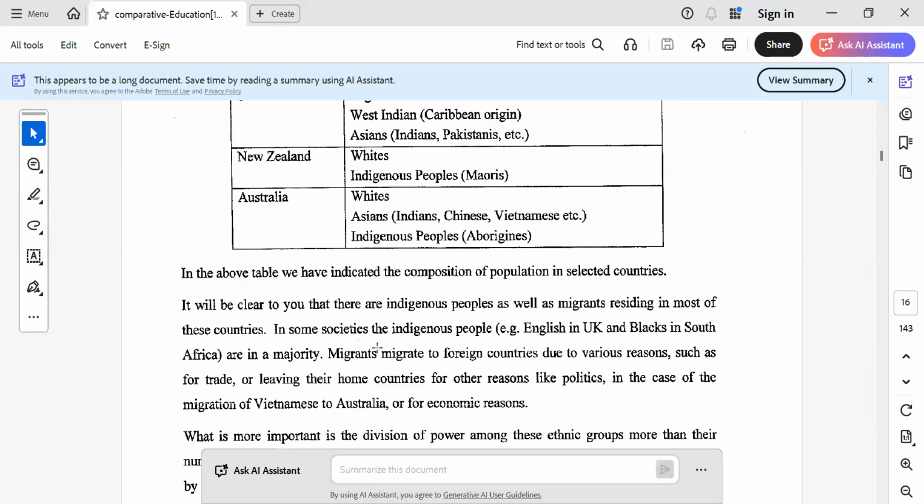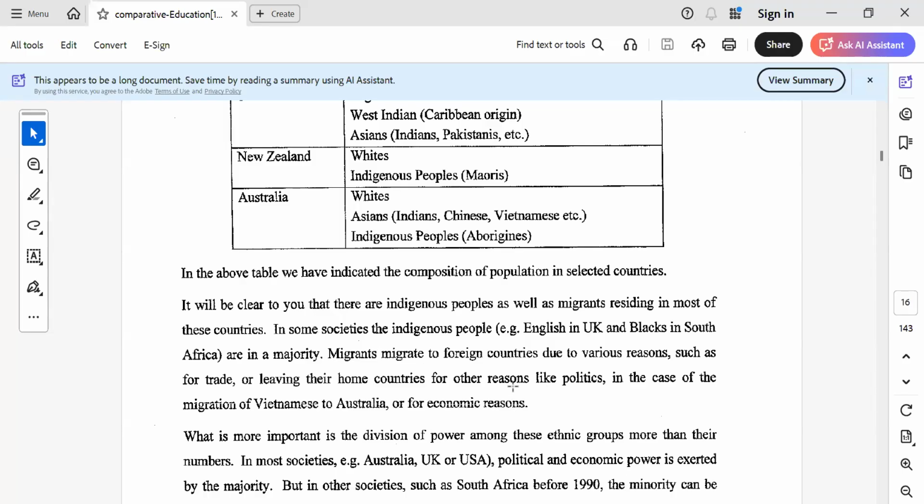Here, in some societies, the indigenous people, English in UK and blacks in South Africa, are in the majority. Migrants migrate to foreign countries due to various reasons, such as trade, or leaving their home countries for reasons like politics. In the case of migration of Vietnamese to Australia, it was for economic reasons.